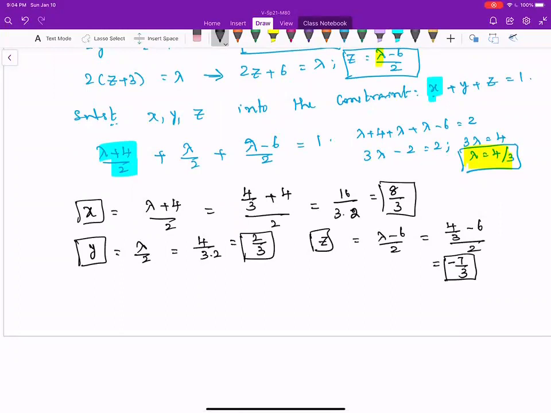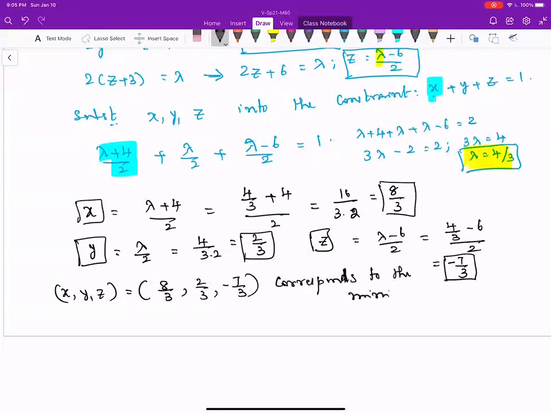This x, y, z must correspond to the minimum. 8 by 3, 2 by 3, minus 7 by 3 corresponds to the minimum, or where the minimum is attained.